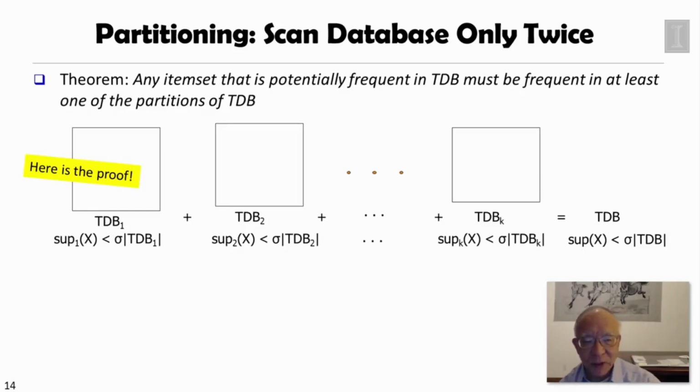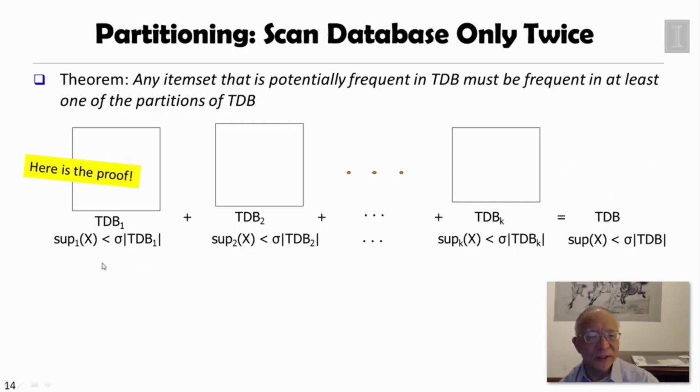That means, suppose you have a big global transaction database, and you partition it into K partitions. If an item set X is not frequent in any one of these K partitions, it cannot be frequent in the global transaction database. Why?